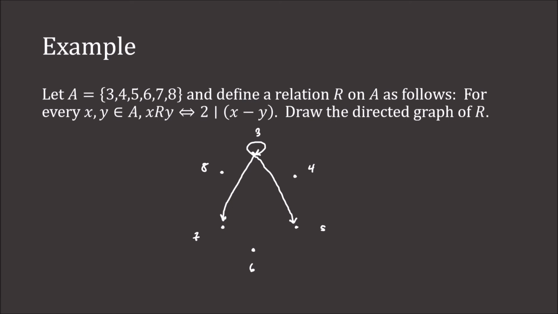So 4 minus 4 is 0. That is divisible by 2. 4 minus 3 is 1. That is not. 4 minus 5 is 1. That is not. 4 minus 6 is 2. That is. 4 minus 7 is not. But 4 minus 8 is.